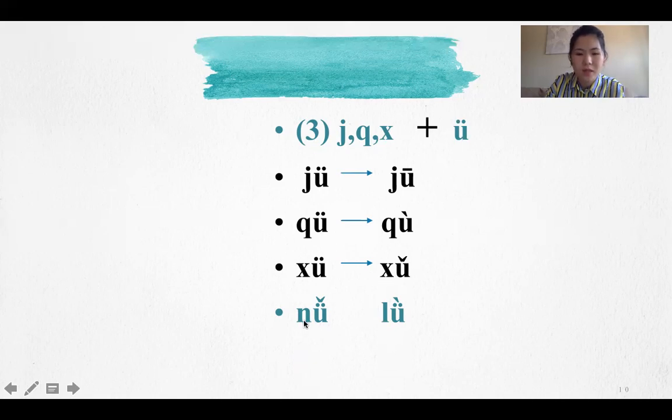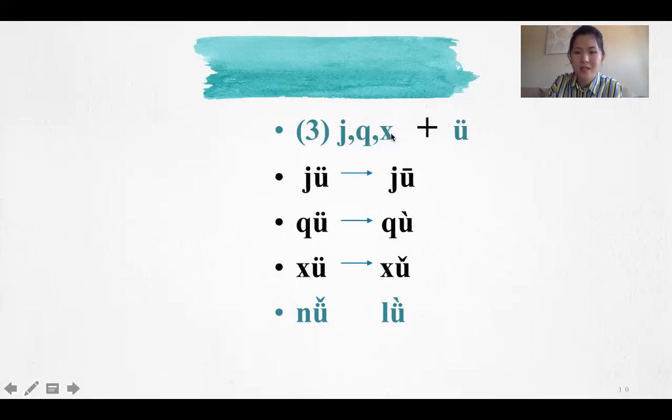For this one, n and yü, nü, so you keep the dots and the third tone. L and yü, lü, and then you keep the dots with the fourth tone. So basically only ji, qi, xi, these three together with yü, you lose the dots, and others, you don't lose them. Okay, that makes sense?